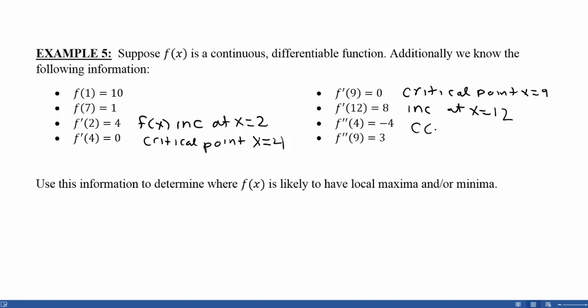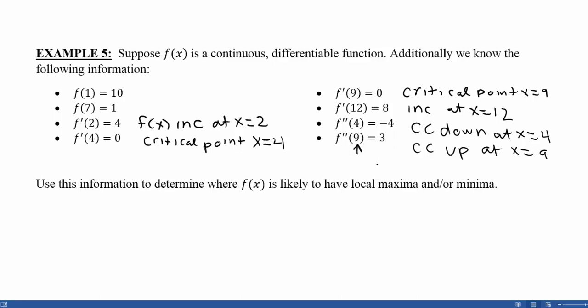So I am concave down at x equals 4. And then I have that the second derivative at 9 equals 3. If the second derivative is positive at a point, then I'm going to be concave up at x equals 9. Again, it's at 9 because 9 is the independent value that's plugged in here.